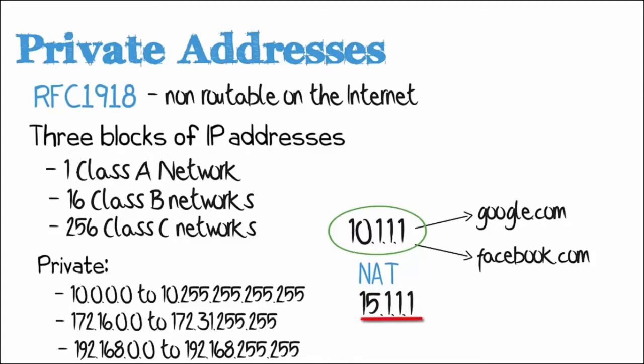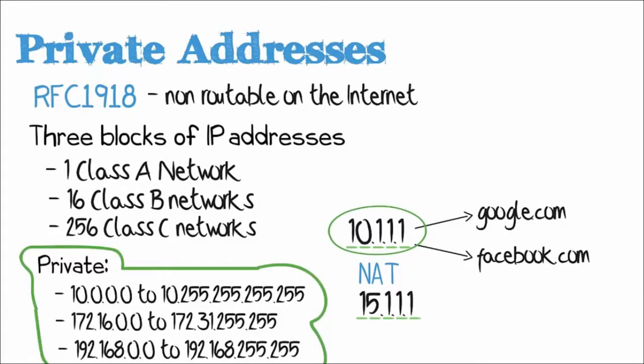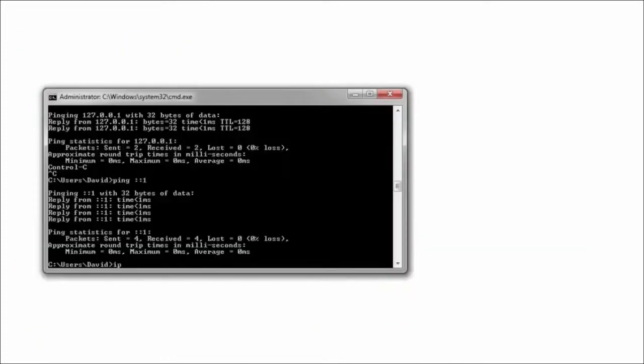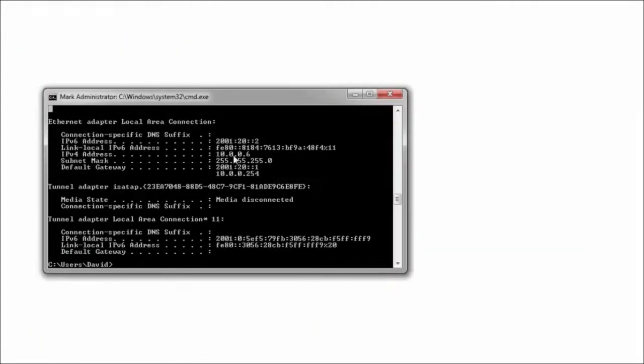This is a public Class A address, and this is a private Class A address. These addresses will not be accepted by internet service providers and therefore will not be routed onto the internet, unless, of course, an internet service provider forgot to add an access list blocking traffic from these networks. So in this example, my PC has an IP address of 10.0.0.6.